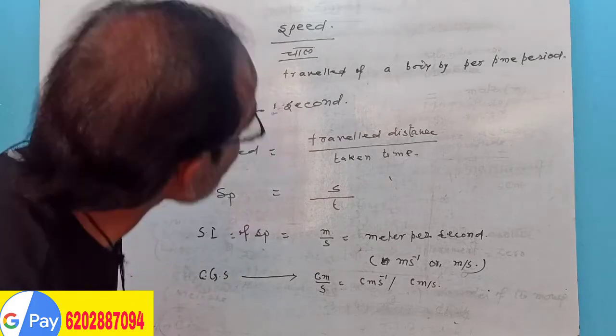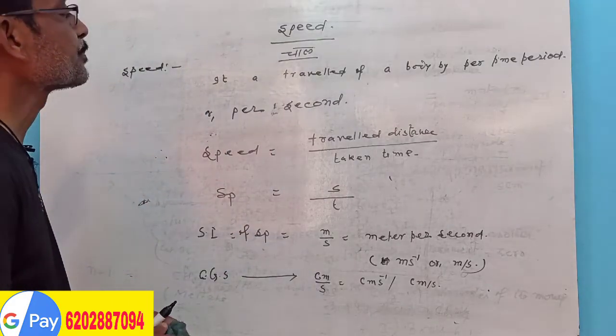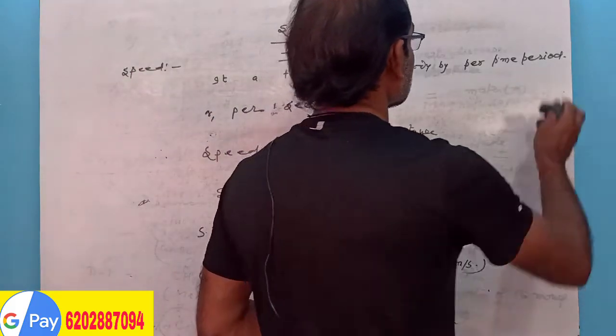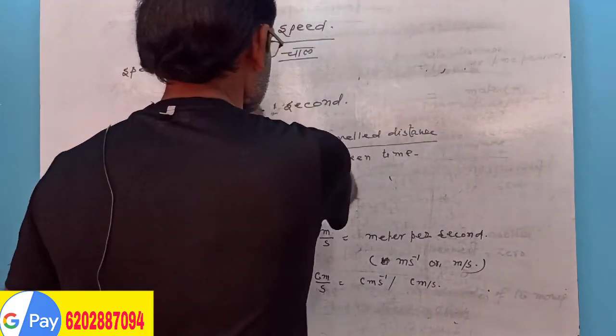A speed is a scalar quantity because it has magnitude but no direction.